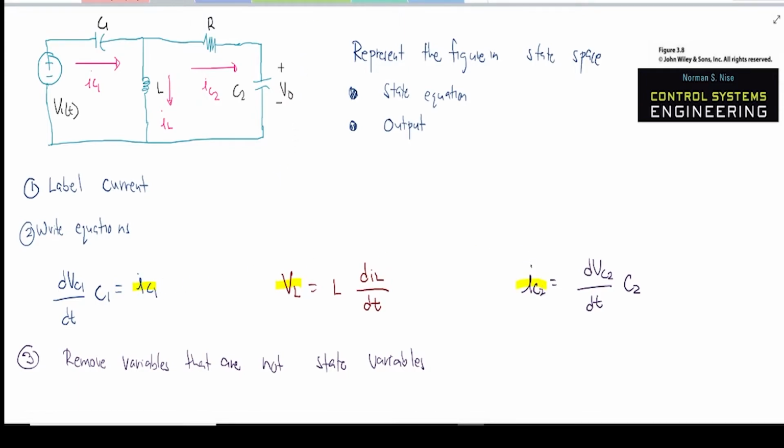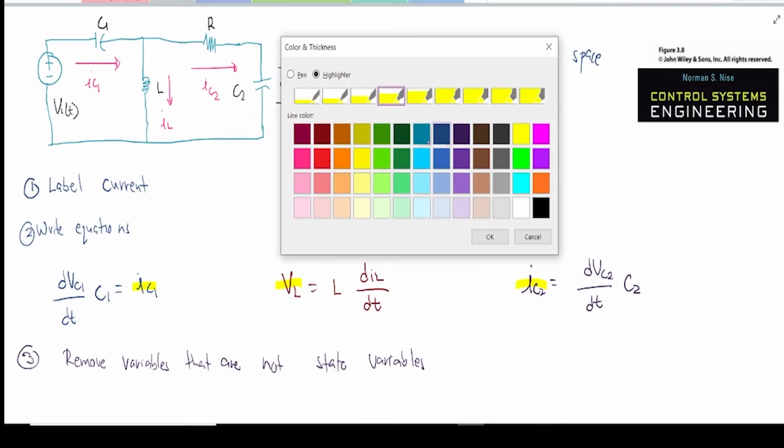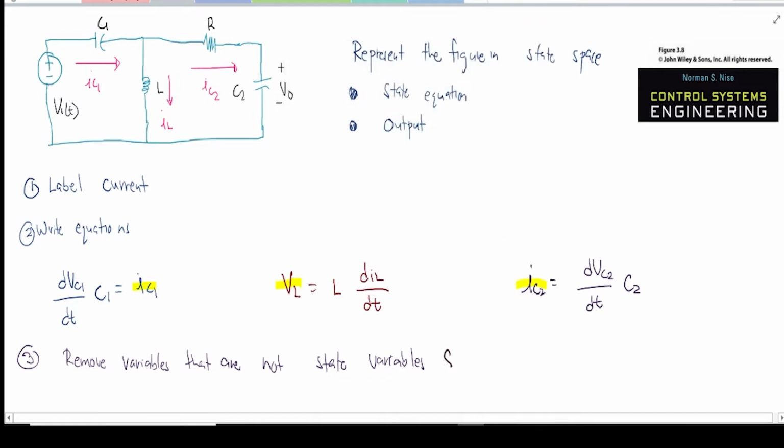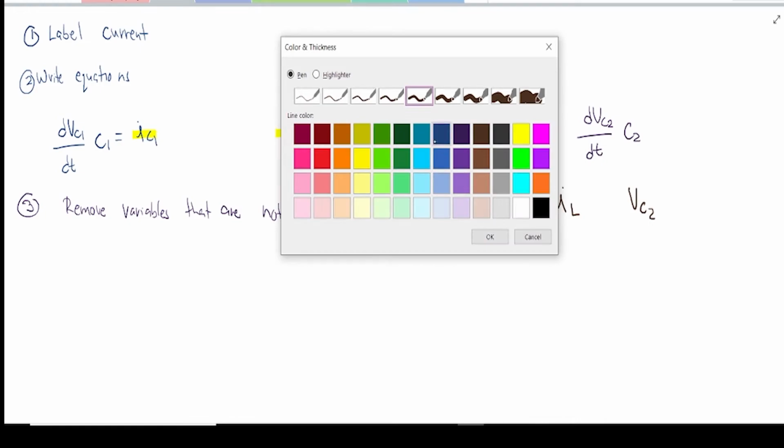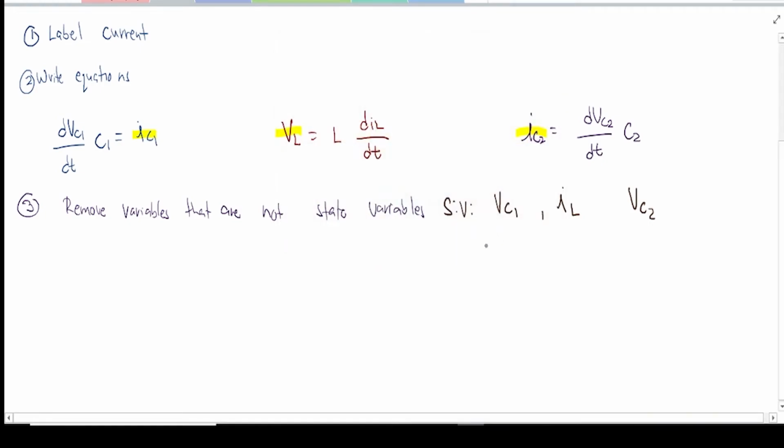Because our state variables are, okay, these are the state variables that we are concerned with, so that we could make some state equations. Okay, so this is just an easy problem. If you follow along, you could easily understand this concept. I assume that you have full knowledge of circuits.